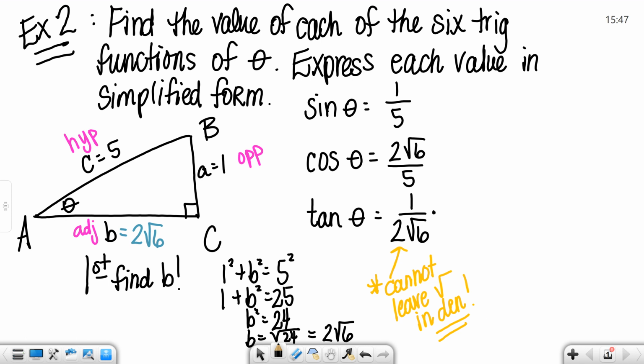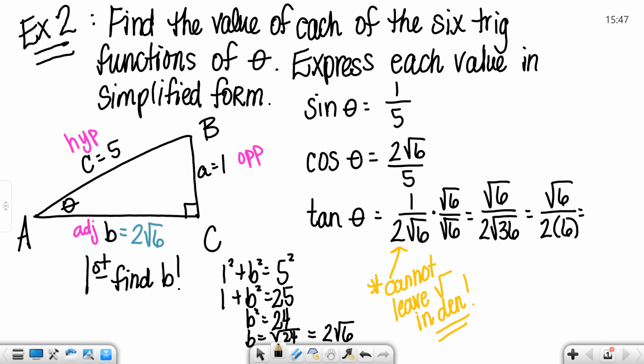To rationalize this denominator, I multiply the numerator and denominator by the square root of 6. That gives me the square root of 6 in the numerator, and in the denominator, 2 times the square root of 36. The square root of 36 is 6. So I really have the square root of 6 over 12. So my tangent is the square root of 6 over 12.